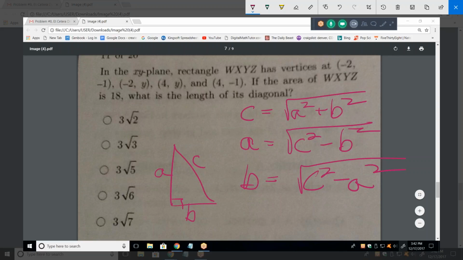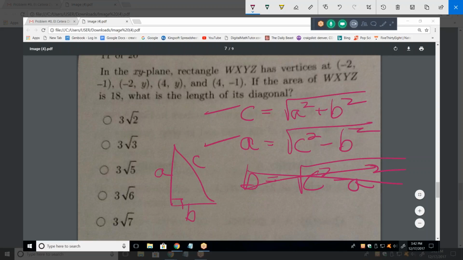So to remember these three, you really only have to remember 2. In other words, this is short side, regardless of whether A is the shortest side or not. If one of the short sides, that's always equal to the square root of the hypotenuse squared minus the other short side squared. So you don't need to really memorize that.